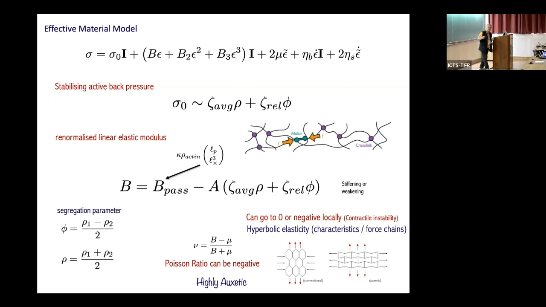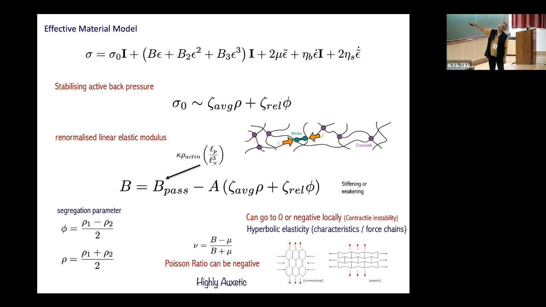Okay, so I just want to get back to this. Remember, we started off with a theory where sigma, the elastic stress, was just proportional to epsilon. And now, as a result of unpacking the active stresses, you get a huge slew of terms, which included nonlinear elasticity theory, a renormalized elastic modulus, and the existence of a back pressure.